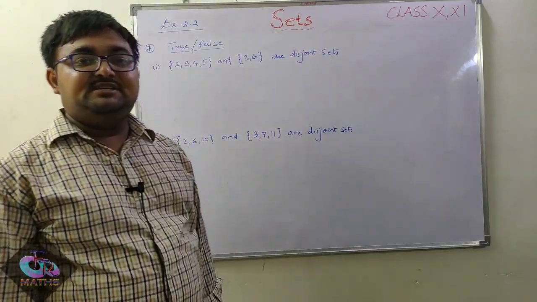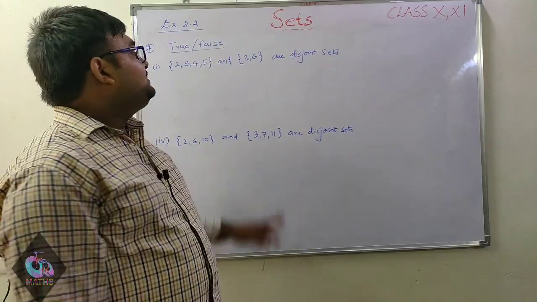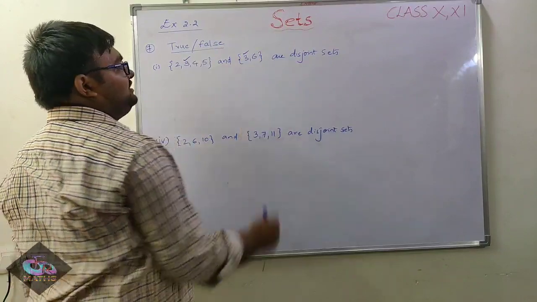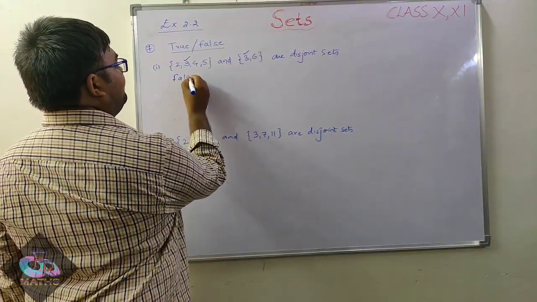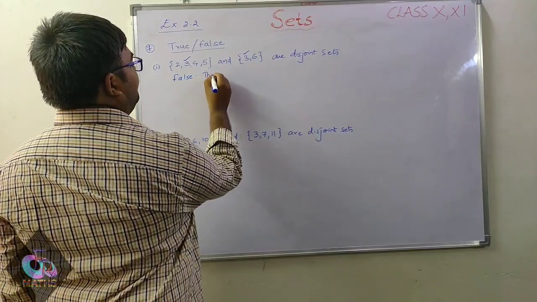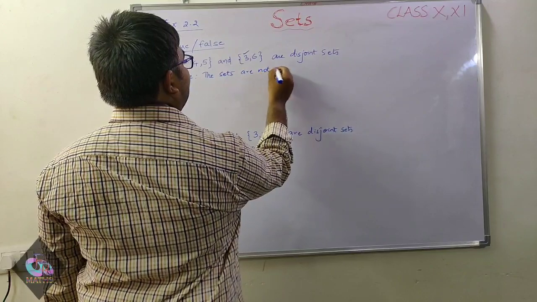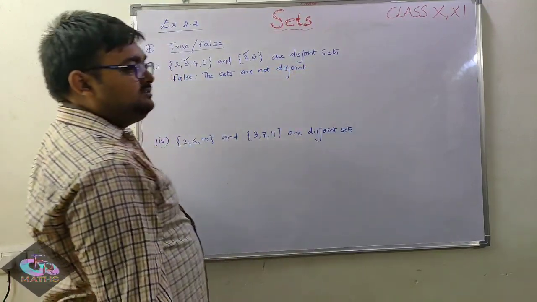Disjoint sets means there should not be any common element in the given sets. If you observe these two sets, 3 is common in both. Hence the given statement is false because the sets are not disjoint.